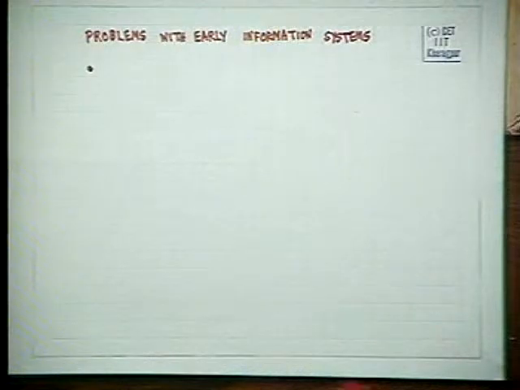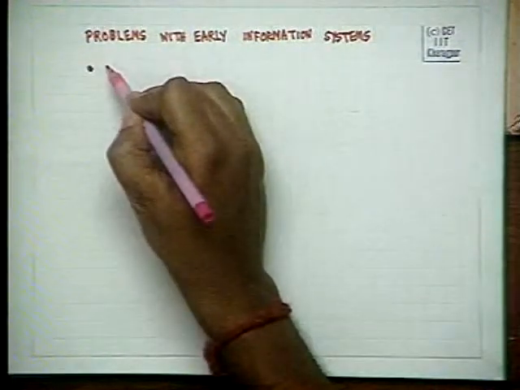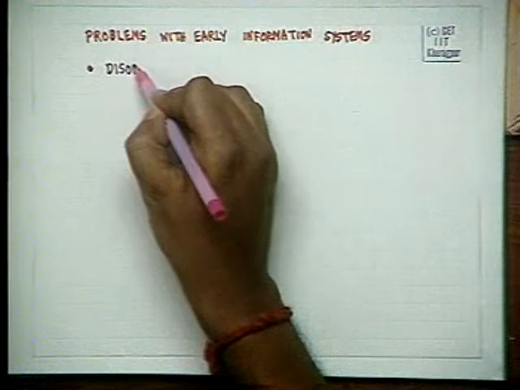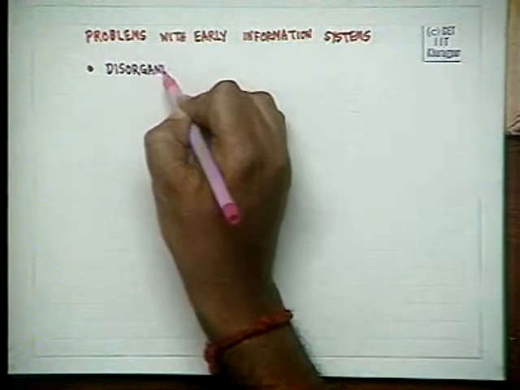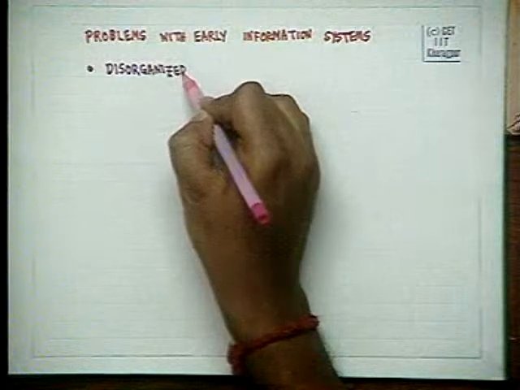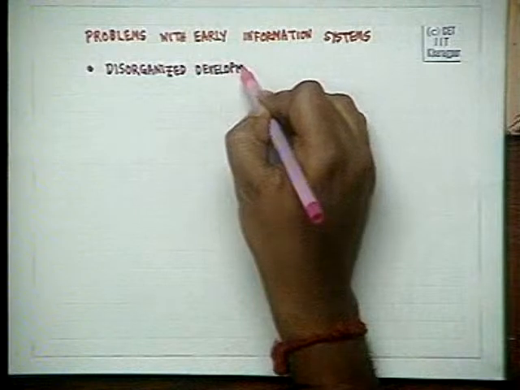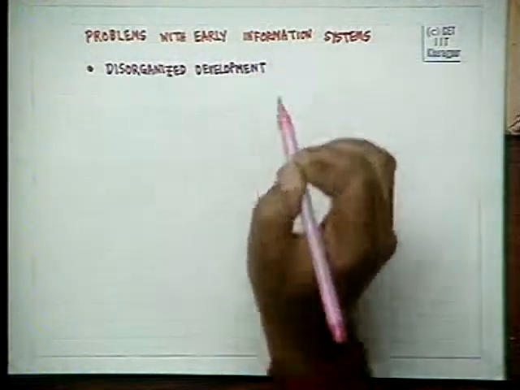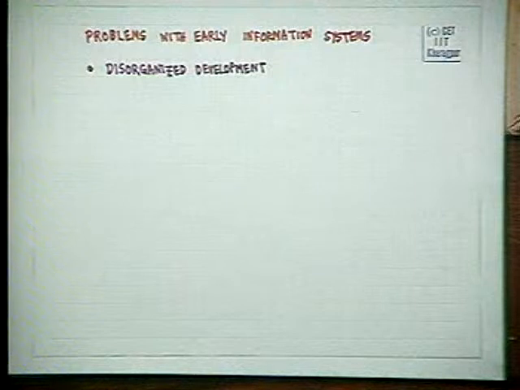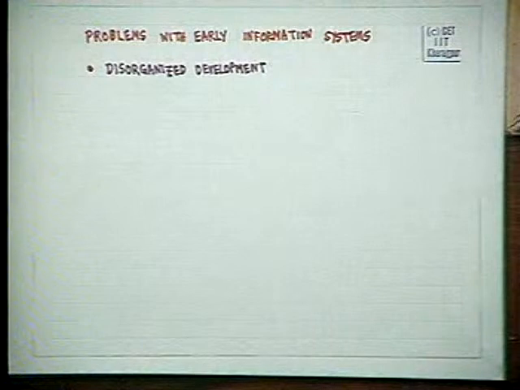The first and most dangerous problem of such early information systems is disorganized development. Since data was written, used and updated by various users at various points of time, nobody really knew what the other person had done.